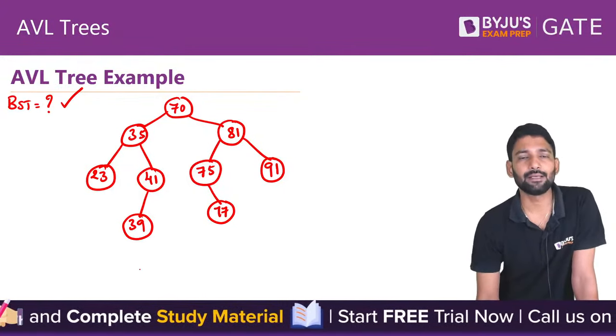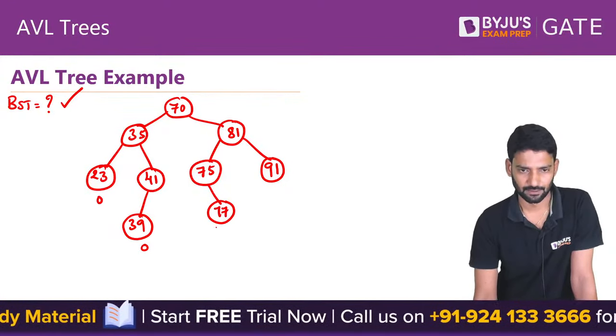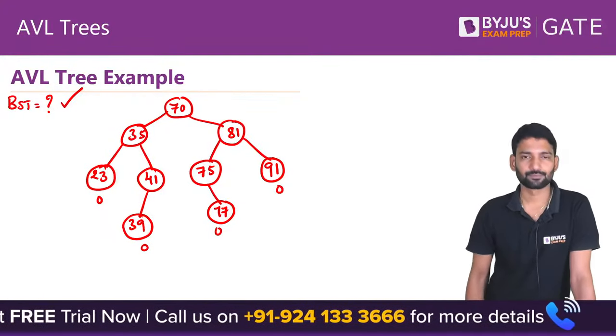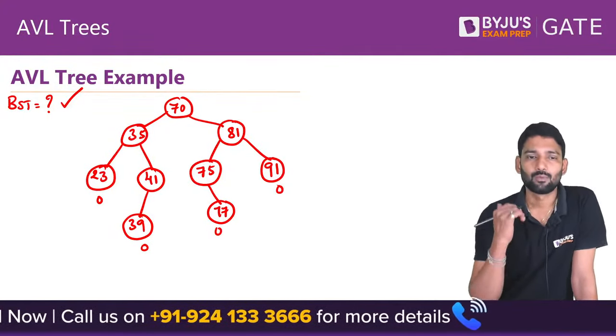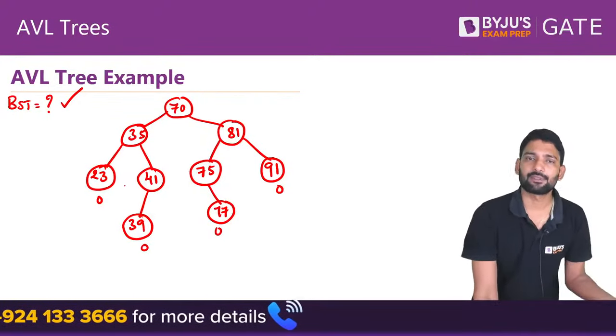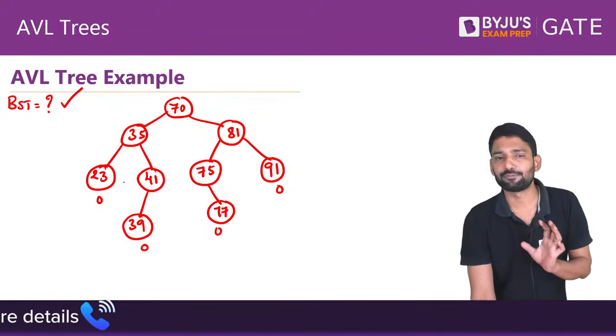Now calculate the balance factors. All the leaf nodes' balance factor would be 0. What would be the 41 balance factor? Left 39 is at height 1. There is no right child for 41.